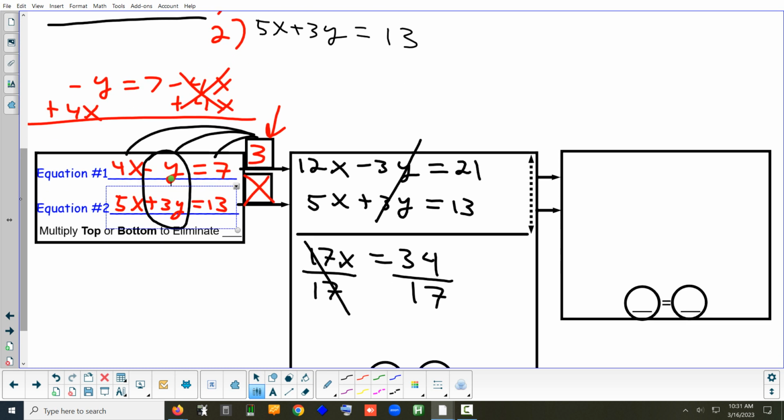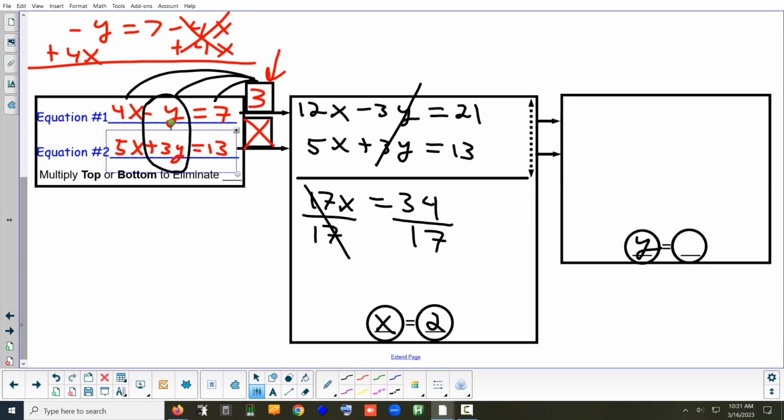All right, now I still have to find what? Still have to find y. What equation do you want to use to find it? The top equation. We're going to use equation 1. So take the 2 and fill the 2 back in for x.